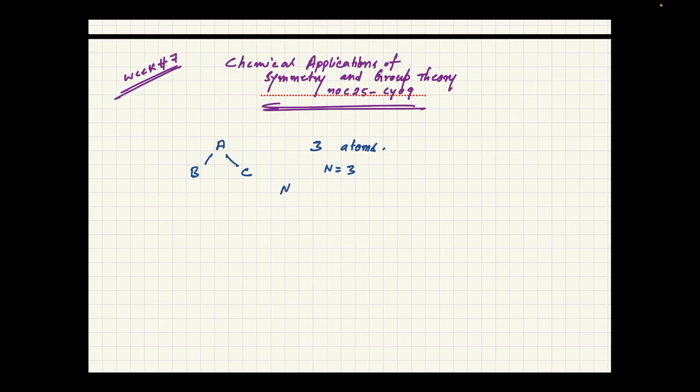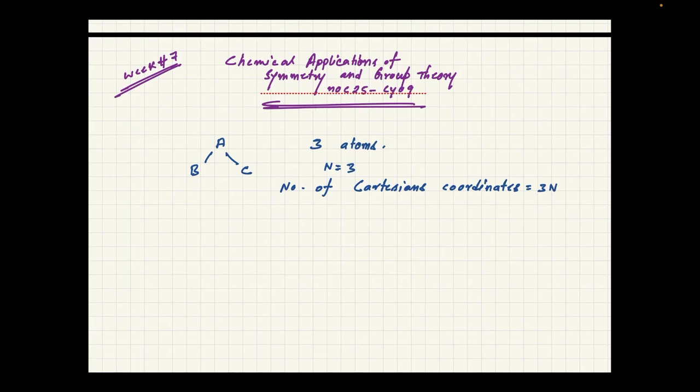So the number of Cartesian coordinates will be 3n, right? These Cartesian coordinates, the x, y, z axes on each atom, can act as a basis for an irreducible representation corresponding to a particular point group.